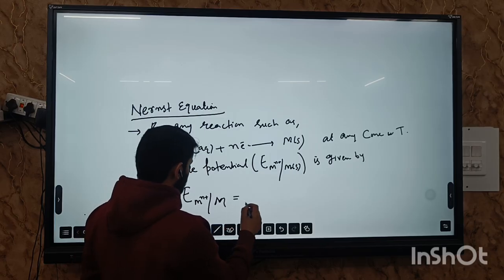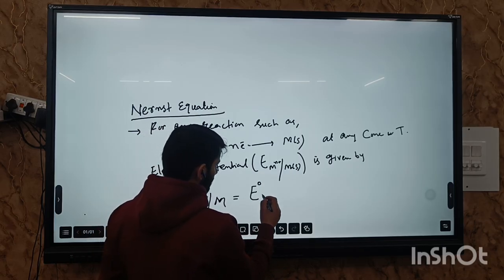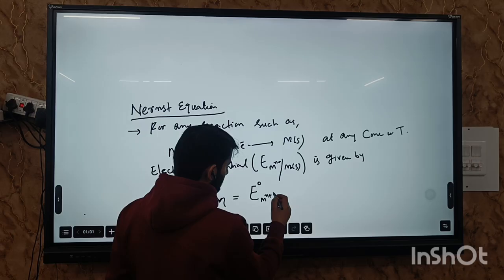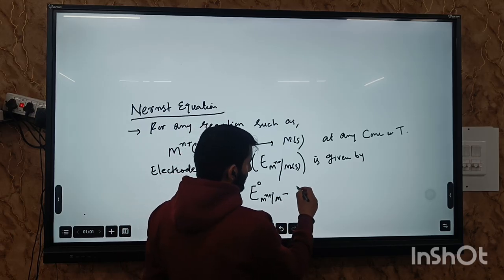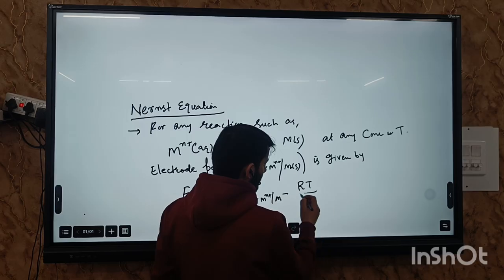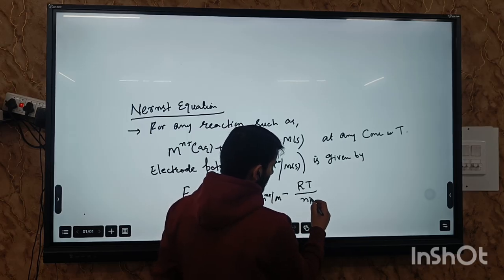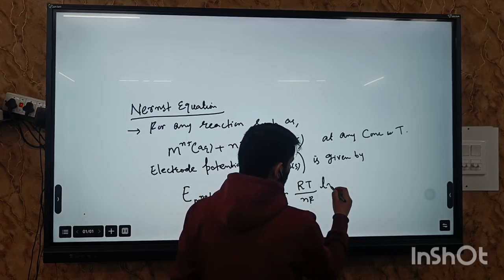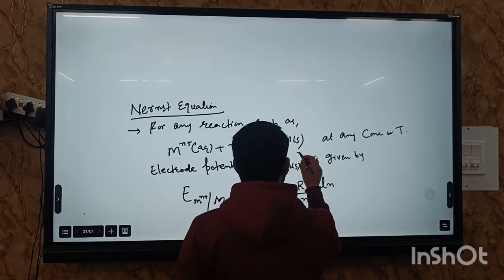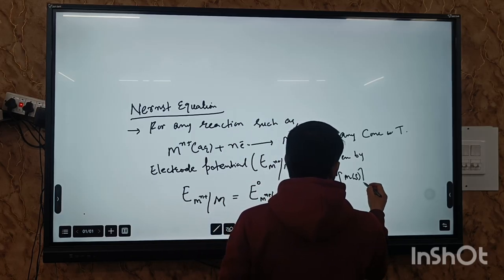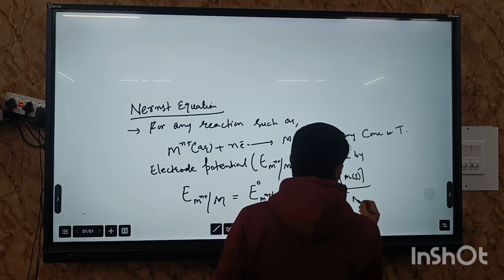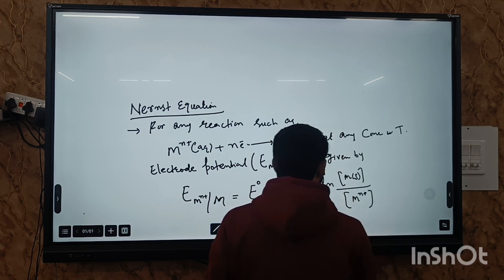So that will be given by the standard electrode potential of this redox couple, minus RT by NF natural log of the product side concentration divided by Mn positive, which can be in aqueous state as well.